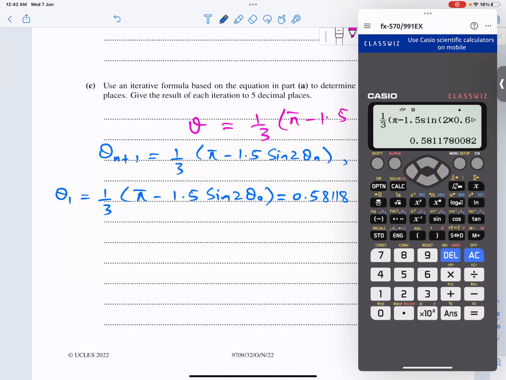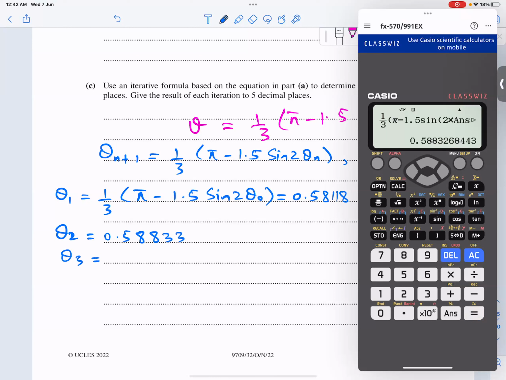Okay. Now replace 0.6 with the answer, and keep pressing equals. You will get 0.58833.